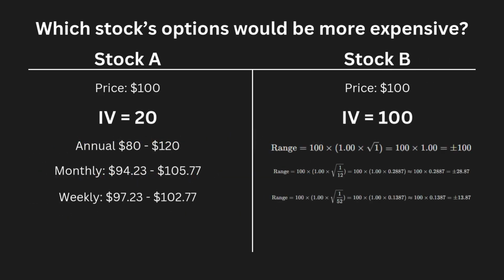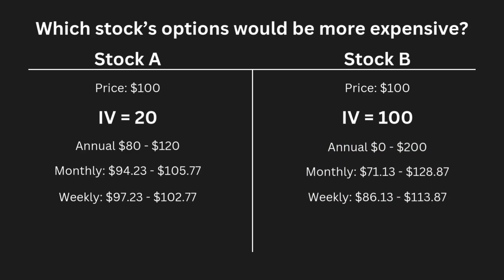Stock B, however, has an IV of 100. This means that the market expects stock B to move positive or negative 100% within 1 year. An IV of 100% reflects extreme high volatility, often associated with significant uncertainty or major upcoming events. So, which stock's option would be more expensive?